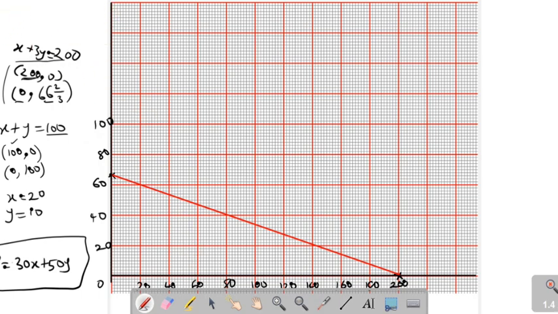I'll then write the equation of that line. The equation of that line is x plus 3y is equal to 200.